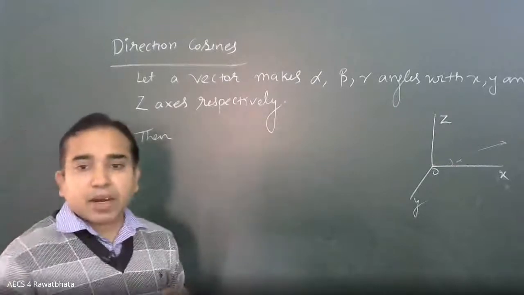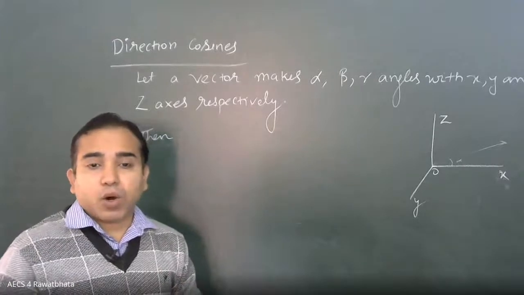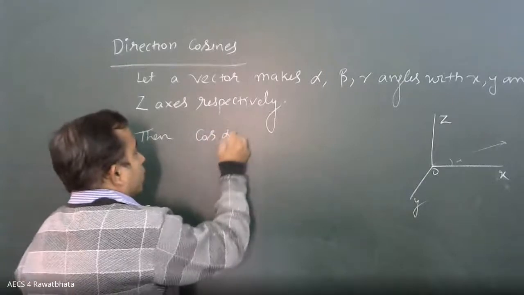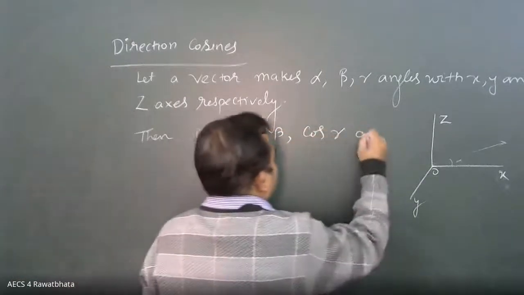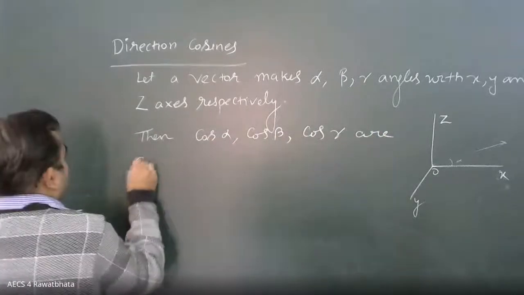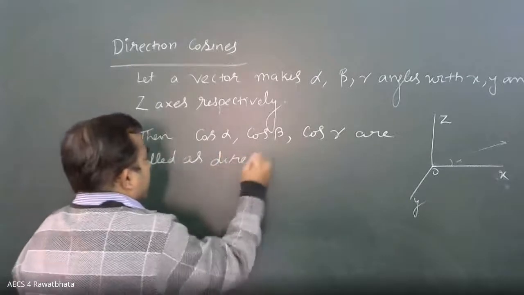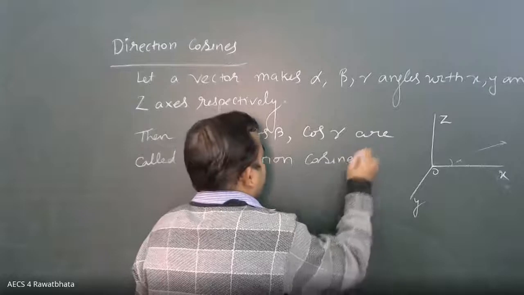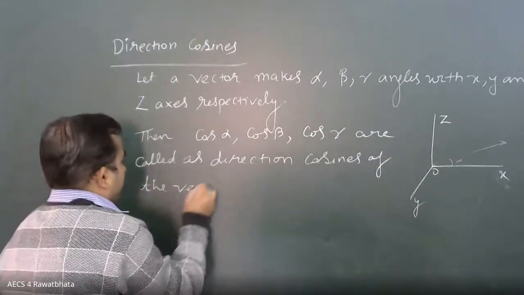In angles के अगर आप cos ले लें तो वो कहलाते हैं direction cosine of vector. Then cos alpha, cos beta, cos gamma are called as direction cosines of the vector.